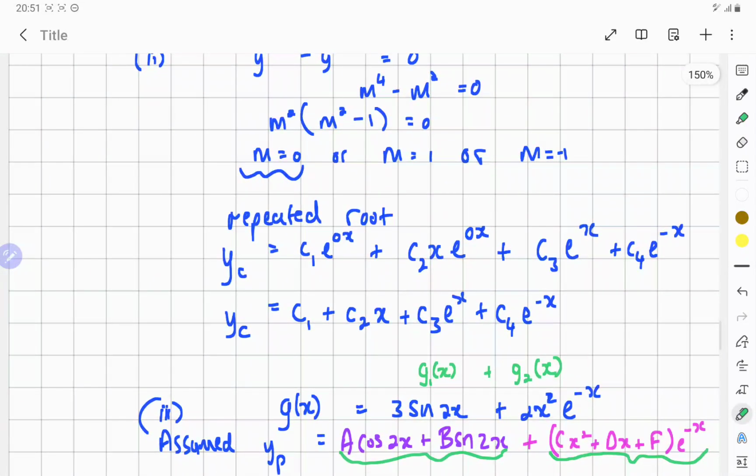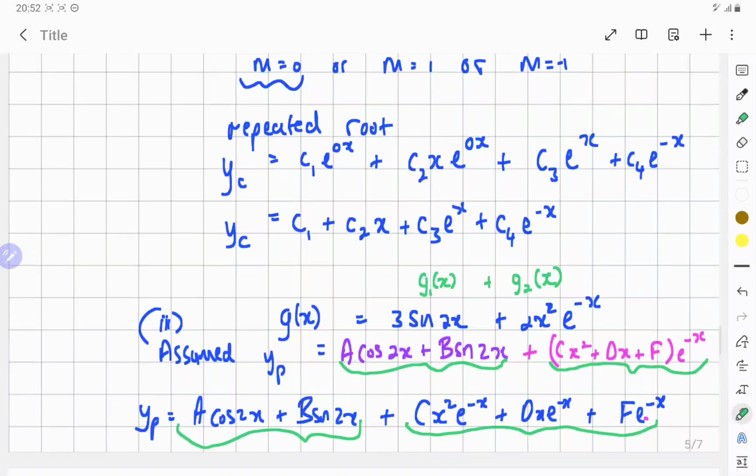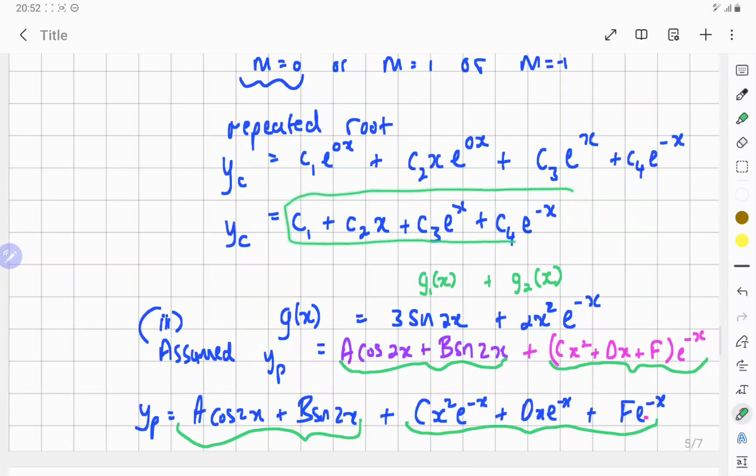Now, just to recap from the previous videos, a repeated root will be c1 e to the 0x, but for the repeated one you must multiply by x. So it's c2 x e to the 0x. Then we have m equals 1, m equals negative 1. They are distinct, different real roots. And there I have my complementary function.